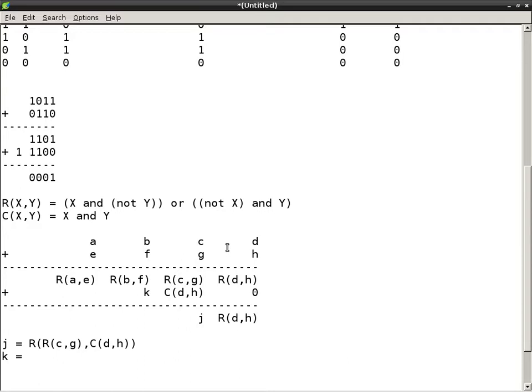So it gets a little bit messy when you have to write it out, because it is actually the carry of CG, that's the easy part, or the carry of adding RCG to CDH. Because either one can contribute to bit K in this entire thing.